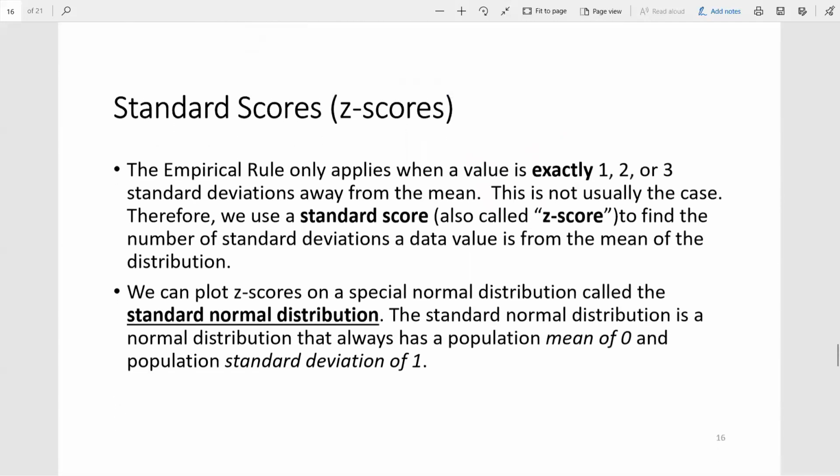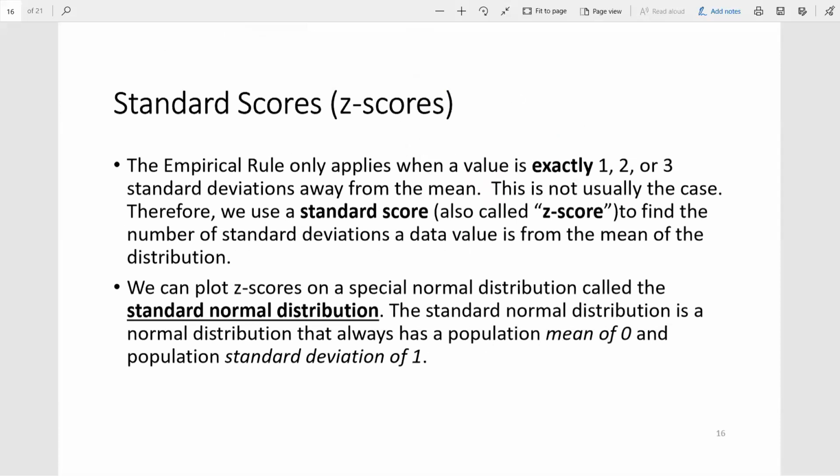Now, we're going to talk about standard scores or z-scores. The empirical rule that we just talked about only applies when the value is exactly 1, 2, or 3 standard deviations away from the mean. Of course, this is not usually the case, and therefore we use what we call a standard score to find the number of standard deviations the data value is from the mean.